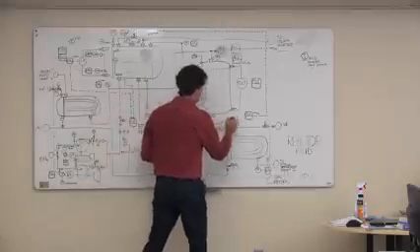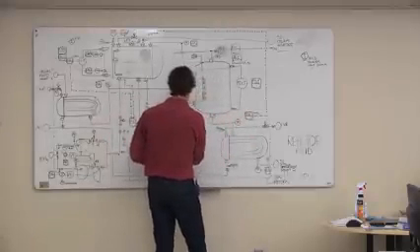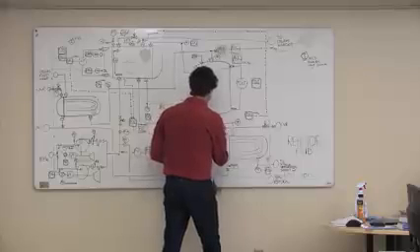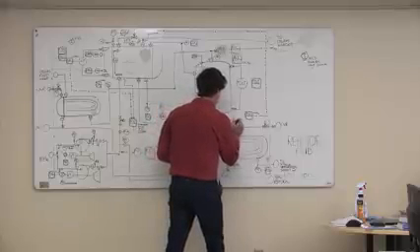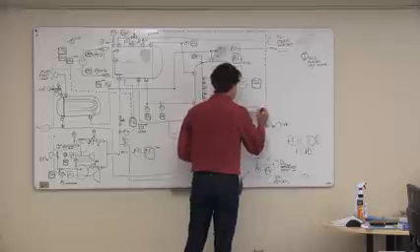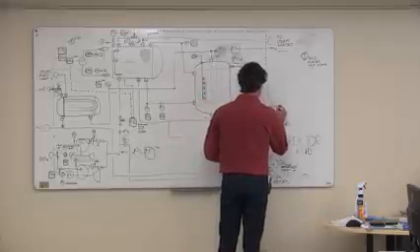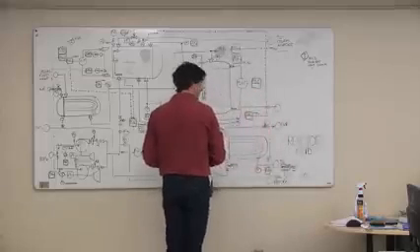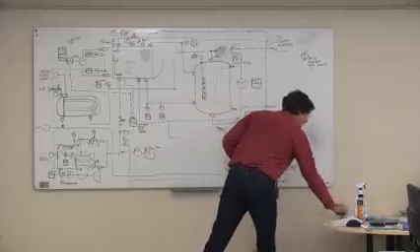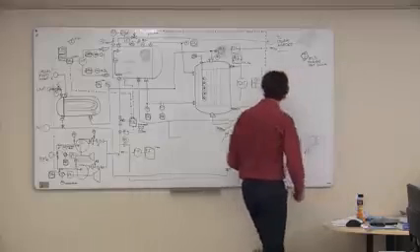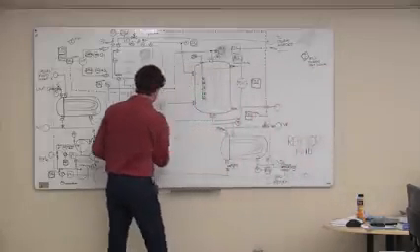How about if we go through here? Because it's kind of a utility, not a process, we're going to break it that way. This we're going to break like that. Okay. How do we put a manual valve on that?